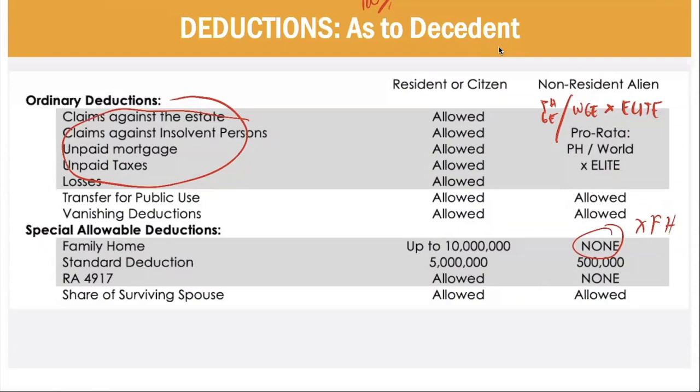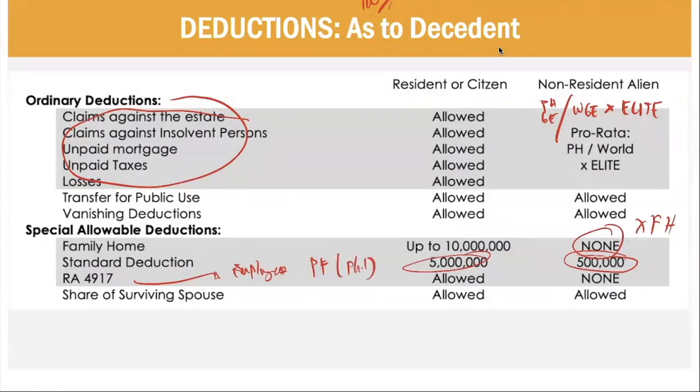Makes sense. Next, standard deduction. For your resident citizen, it is 5 million, while for non-resident alien, 500,000. RA 4917 is allowed for your resident, while for your non-resident alien, it is not allowed. Why? Because this is given to employees of a private firm, and normally, these employees must be of a private firm in the Philippines.